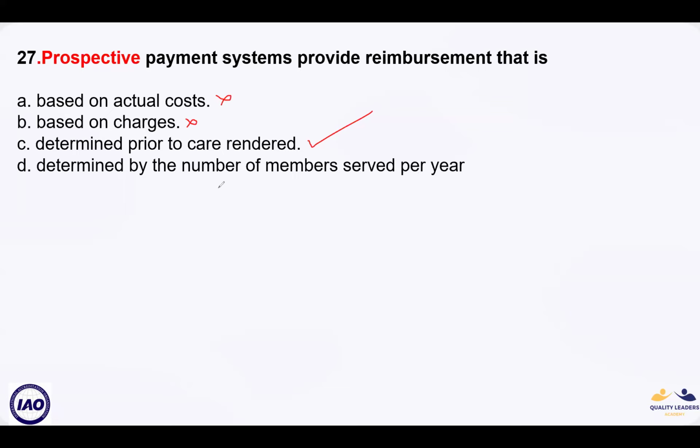This is the definition of capitation. Per member per month payments in managed care are not related to the prospective payment system. All these particular things you will come across again in the last chapter, hopefully. So until then, remember prospective payment system is determined prior to the care rendered.